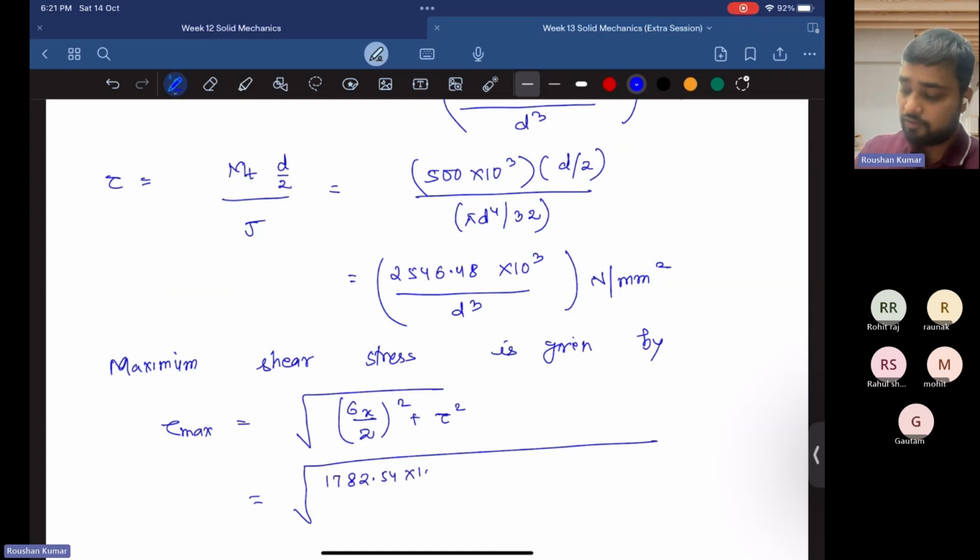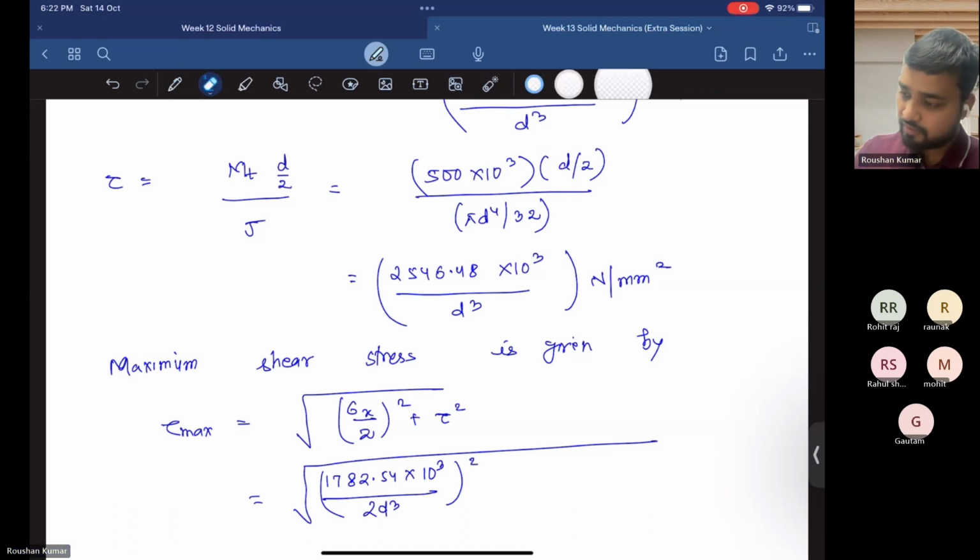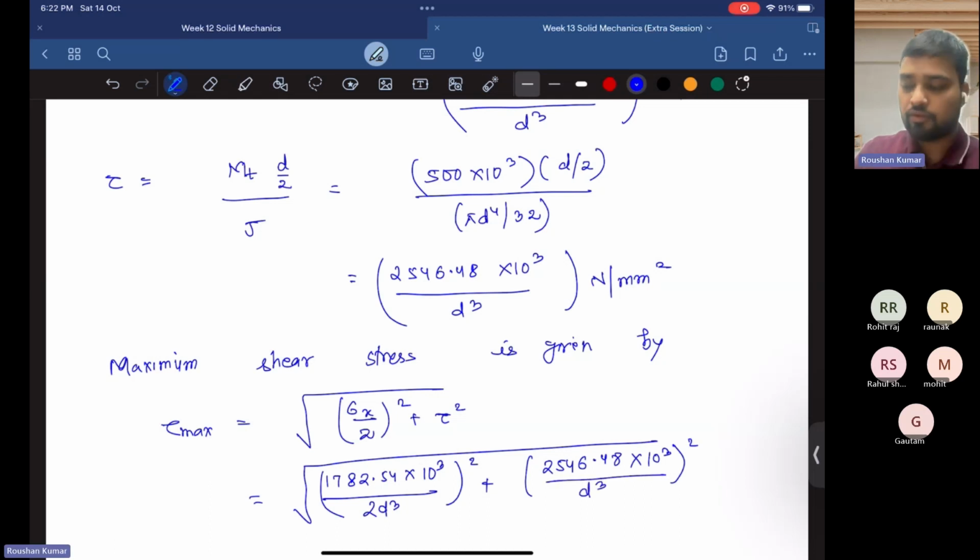1782.54 into 10 to the power 3 upon 2d cube whole square plus 2546.48 into 10 to the power 3 upon d cube whole square.